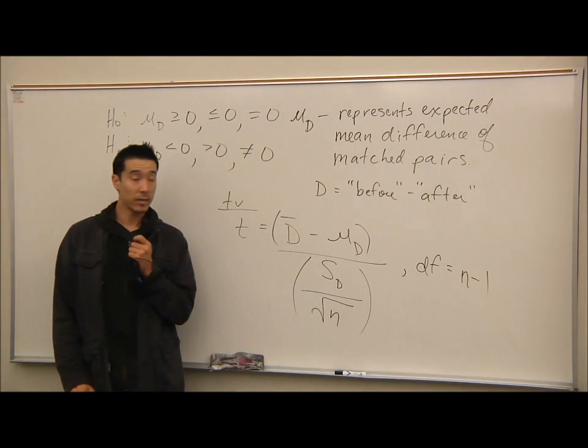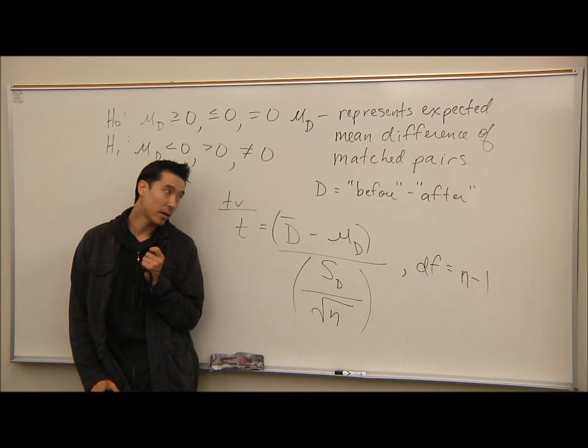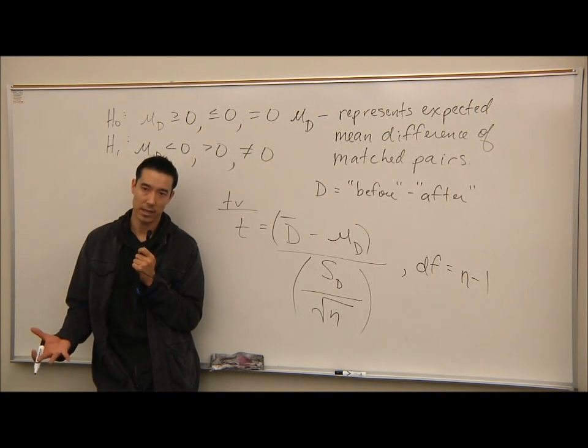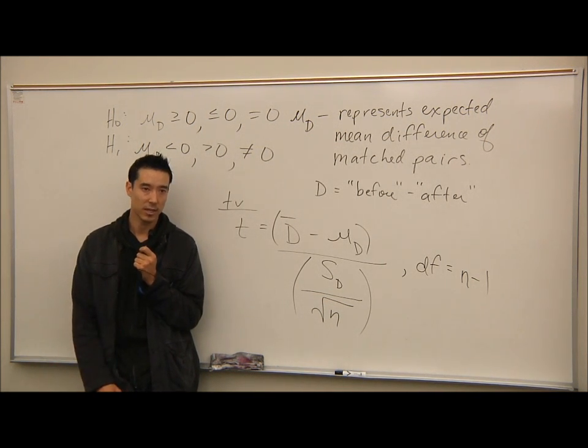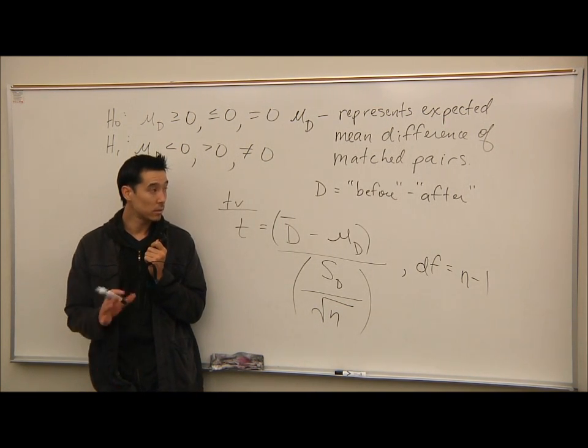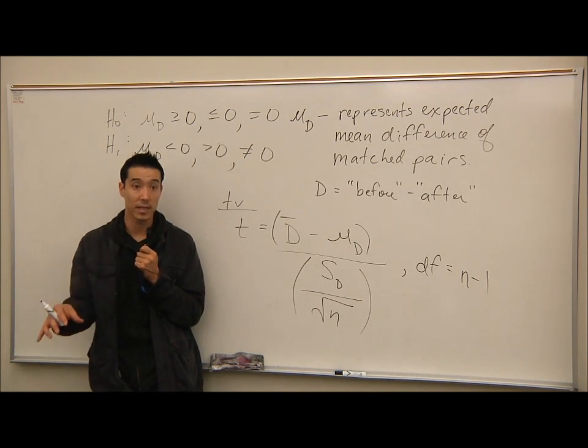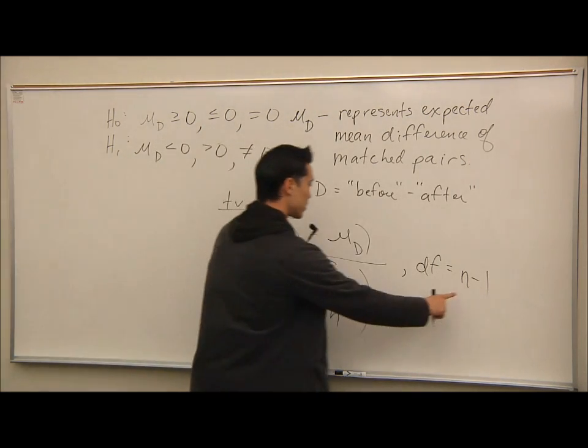And the degrees of freedom on this problem is just n minus 1. Now, let's think about that for a second. How is it possible, if we have a two-sample test, that the degrees of freedom is just n minus 1? Because they're dependent on each other. Well, they're dependent, so what's true about those sample sizes? They're the same, right? If you have the same group before minus after, it's still the same number. So the degrees of freedom is just n minus 1.